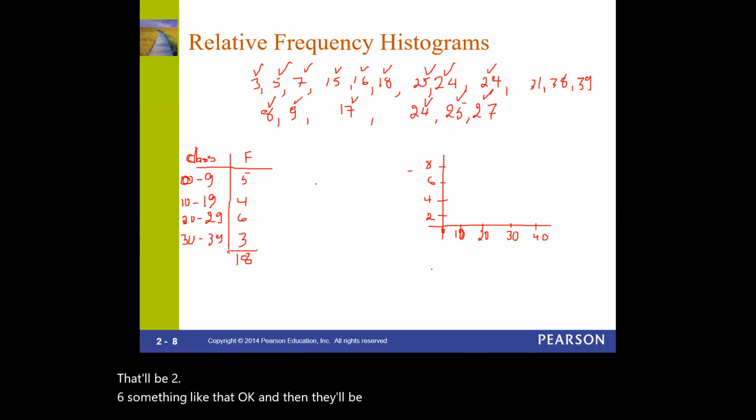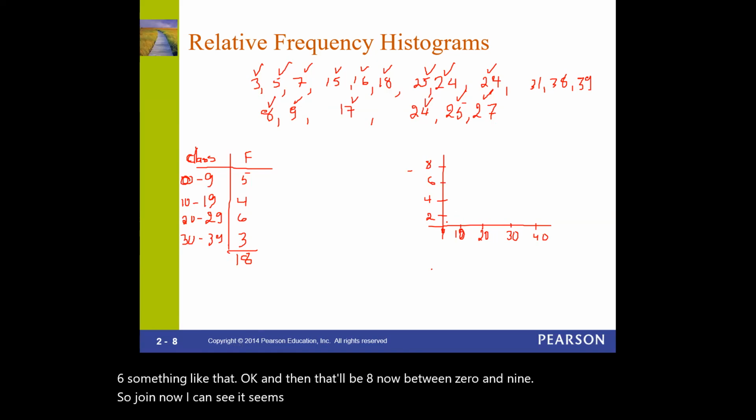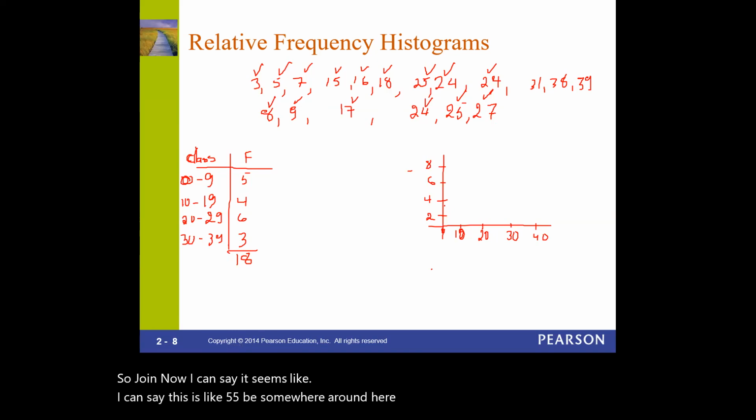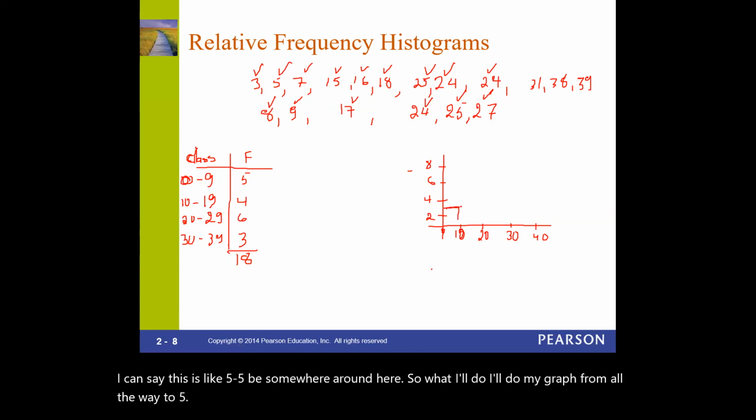Between 0 and 9, the frequency is 5, so that will be somewhere around here. I'll draw my graph all the way to 5.